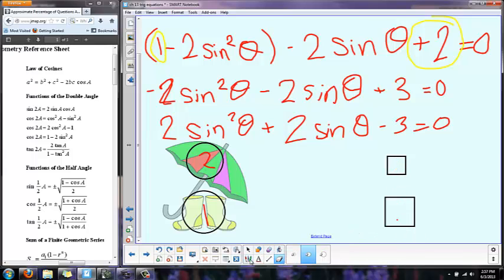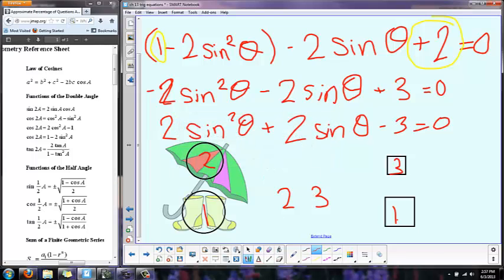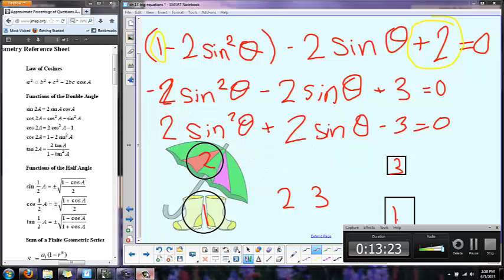But what about if I switch them and I do a 3 here and a 1 here? So 2 times 1 gives me 2. 3 times 1 gives me 3. That still doesn't give me a 2. So you know what that tells me? That tells me that I would need to use the quadratic formula in order to solve this. So I'm going to stop this video right now and then do another one for you.